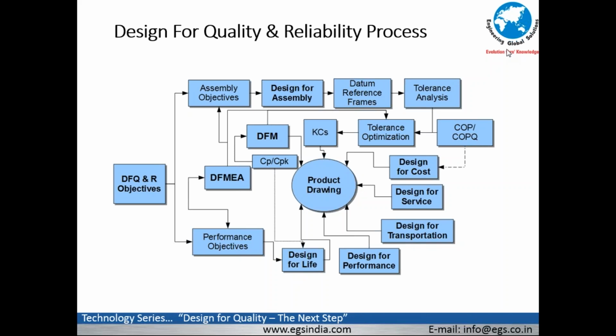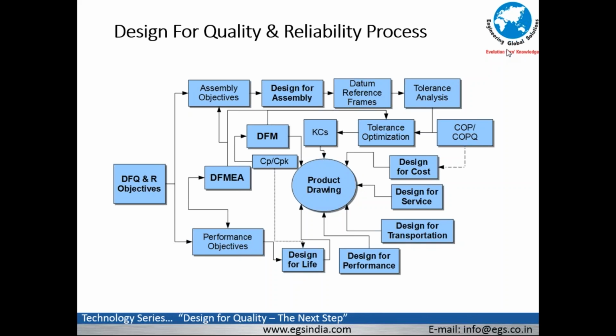And the tolerance optimization gets performed, and the key characteristics based on the risk priority number, the critical to quality characteristics, come on the drawing, and the product design specification drawing is enumerated. We can see that the design for cost drives the tolerance optimization through the proper choice of cost of precision, COP, and the cost of poor quality, COPQ.